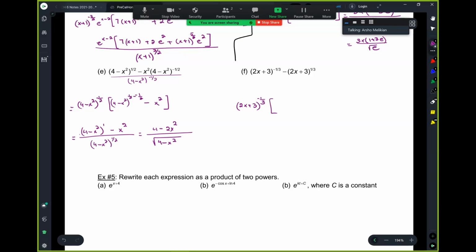So we get 2x plus 3 to the 1/3 minus negative a third. Oh, wait a minute, that is the same. I'm sorry, that one was the same. So that will be 1 minus 2x plus 3 to the 1/3 minus negative a third.